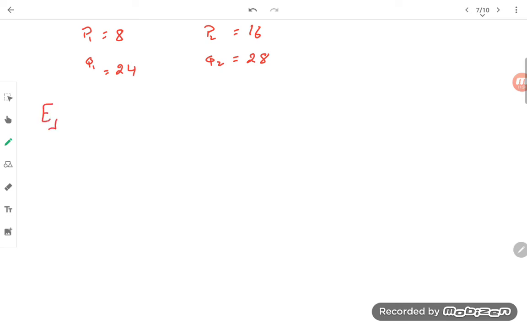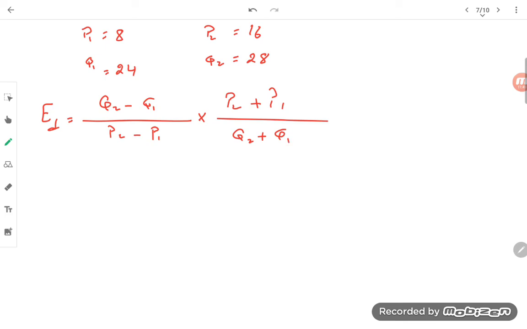So elasticity in this case is going to be calculated as Q2 minus Q1 divided by P2 minus P1, multiplied by P2 plus P1 over Q2 plus Q1.